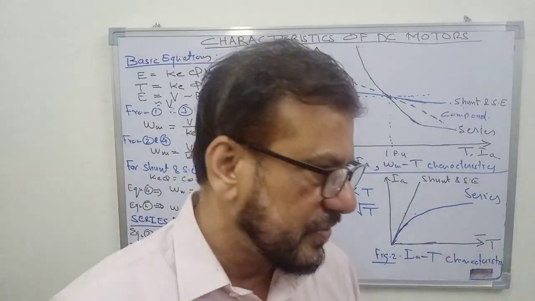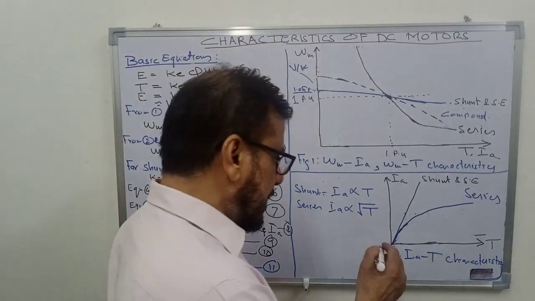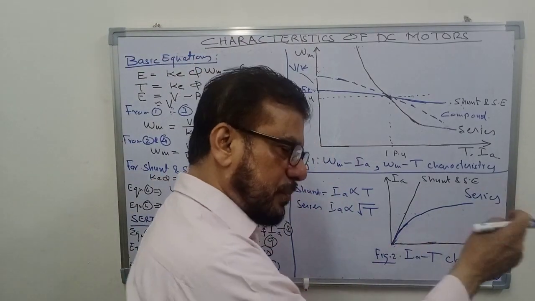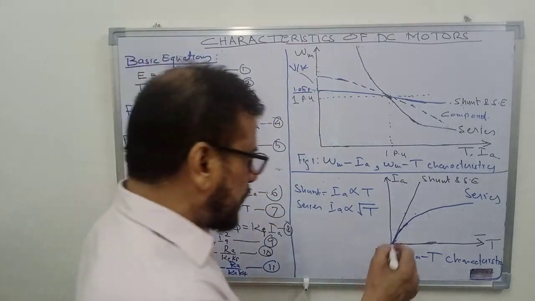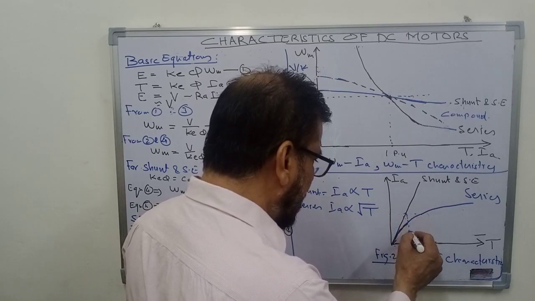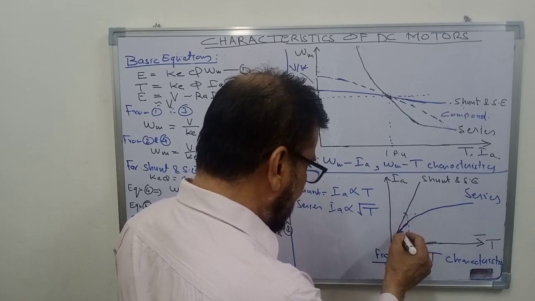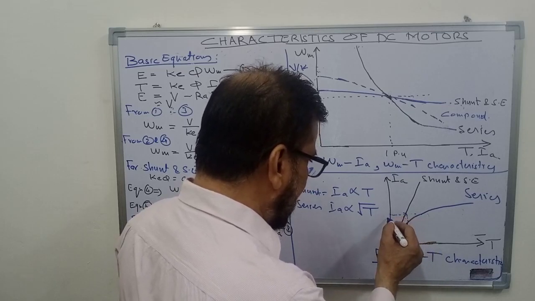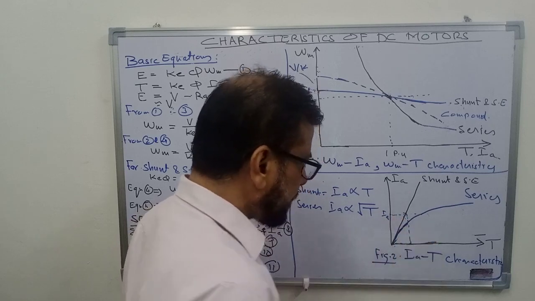Let us try to understand it. In the case of shunt motor, as the load torque is doubled, the current will also be doubled. So suppose this is the full load point at particular point. This is the current drawn by the motor, and this is the torque.